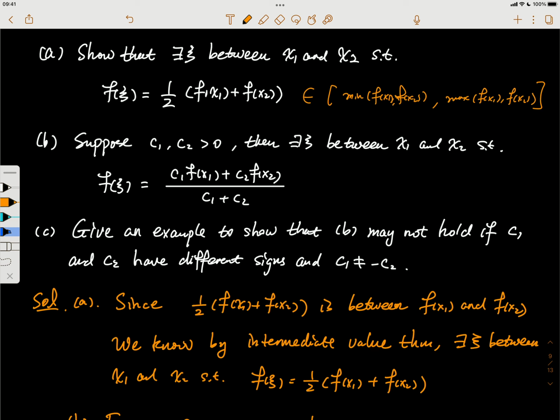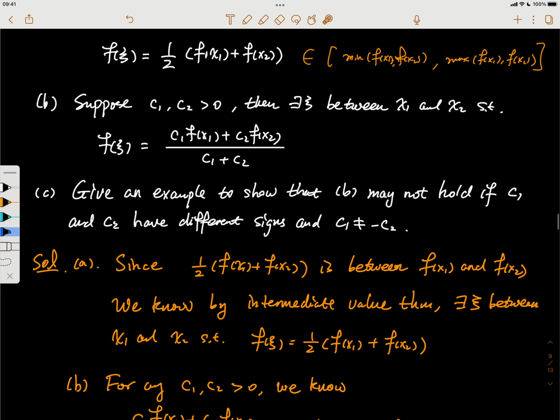Well, if they're equal, then you just choose x to be x1 or x2 because they're always the same. If they're different, then one is larger than the other. Let's say the smaller one is here, the larger one is here, and then the average of those two must be in between. So by the intermediate value theorem, we know that there must be a point that is taking a value in between, since the function f is continuous.